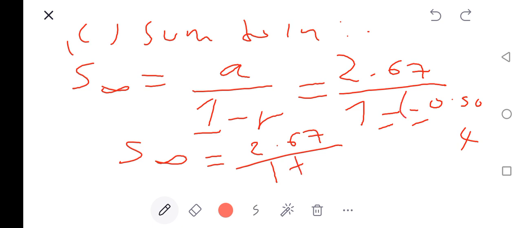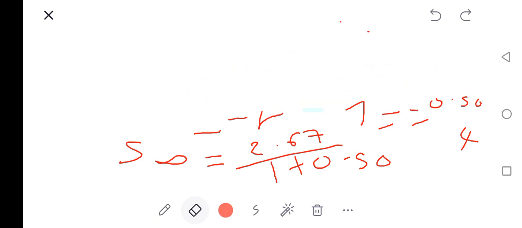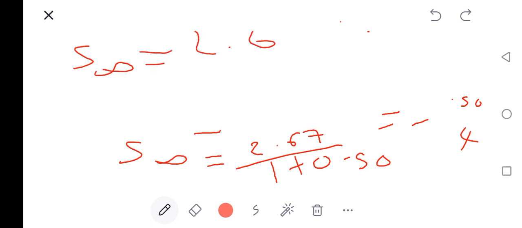So plus 0.50. And then lastly here we have sum to infinity equals 2.67.